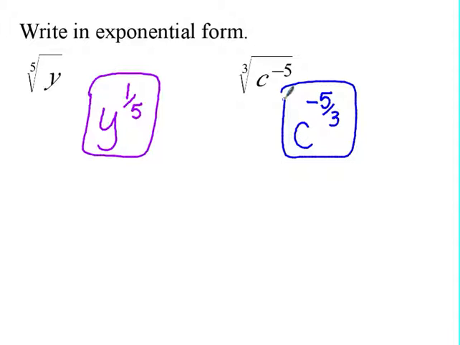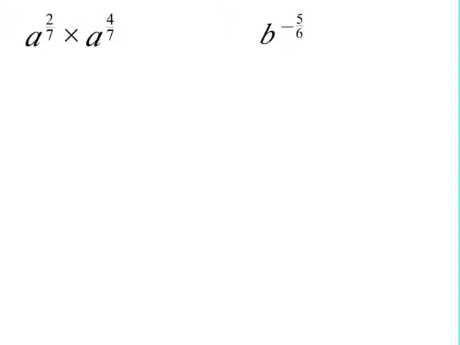So any questions over writing in radical or exponential form? Fairly straightforward? Okay, so now we're going to look at how you simplify expressions. I want you to go ahead and write down what you think the answer to the first one is.